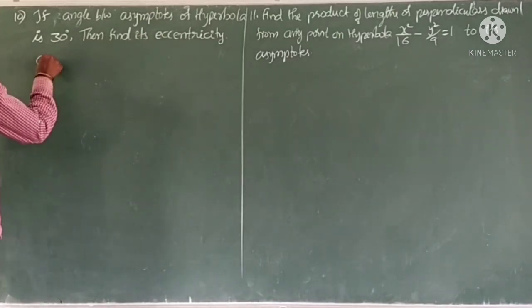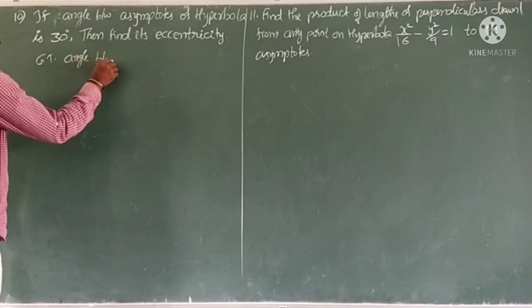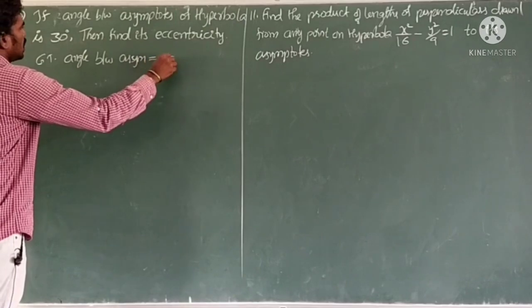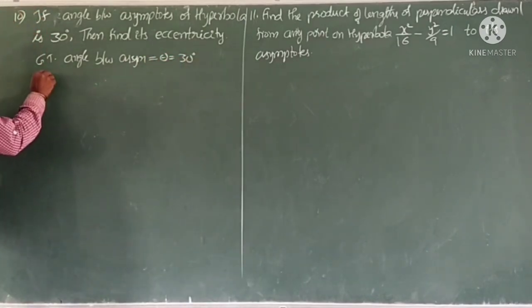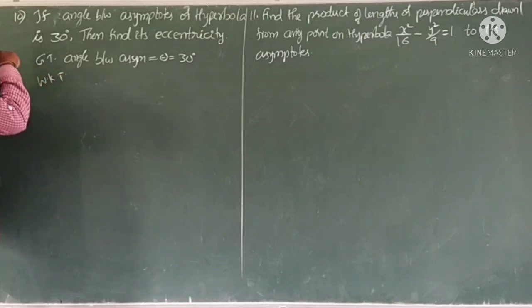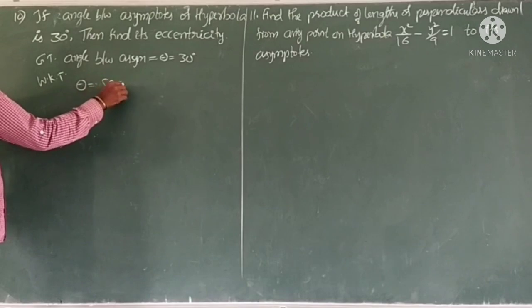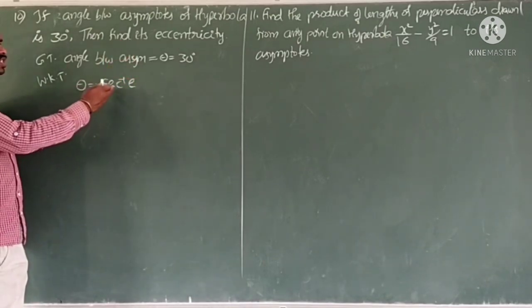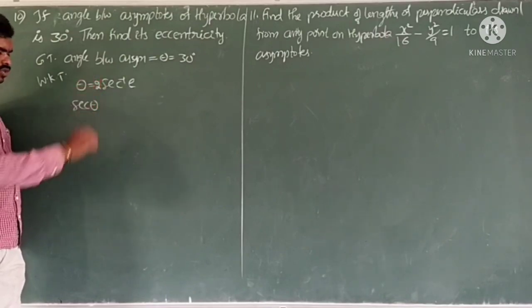So first, given that the angle between asymptotes is theta equal to 30 degrees, and we know that the formula of angle between asymptotes is theta equal to 2 sec inverse e. Okay. So the 2 and sec inverse go to the left side, and it becomes sec theta by 2.